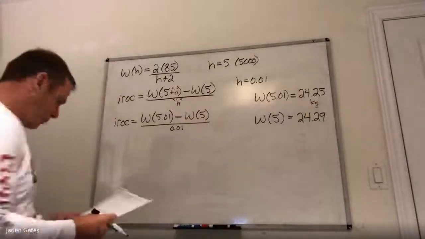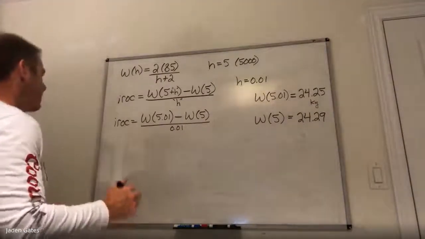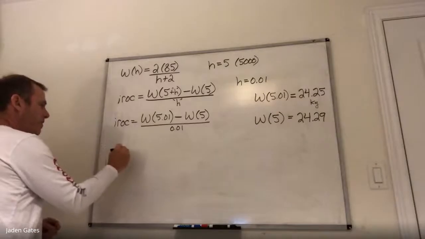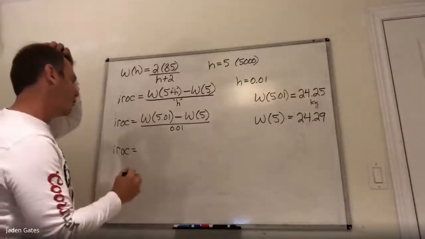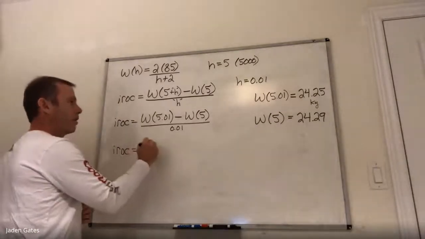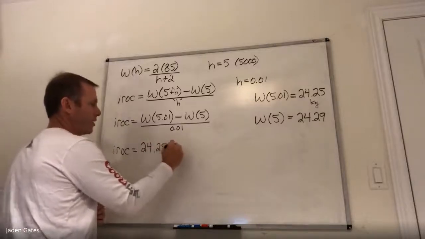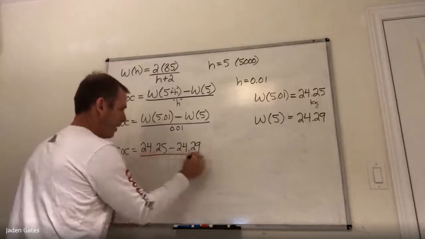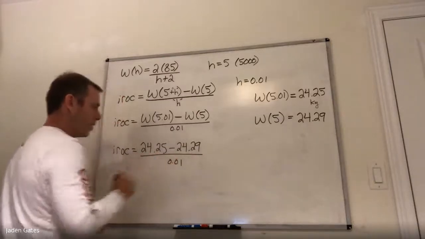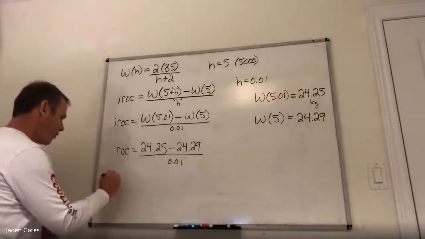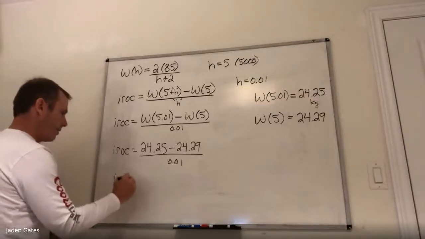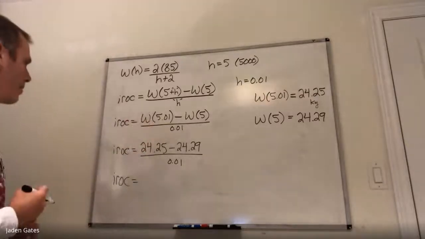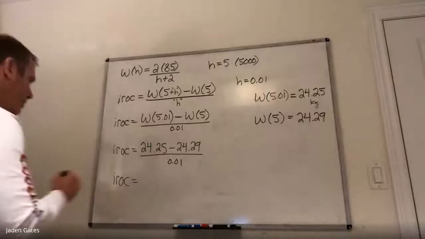So I'm going to plug those values in. So my instantaneous rate of change, what's my first one there? 24.25 minus 24.29, with 0.01 on the bottom. Again, I figure out my number. I subtract the top, divide by the bottom. And let's see here.